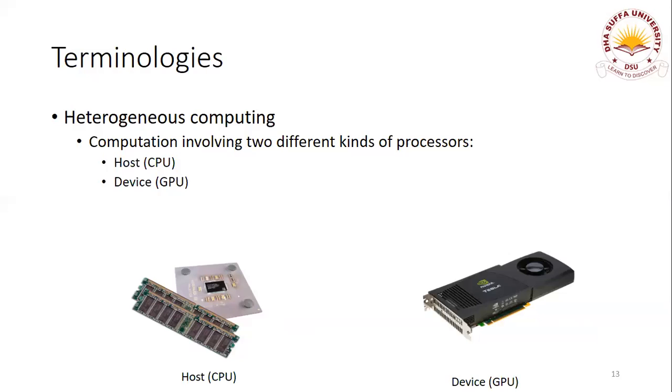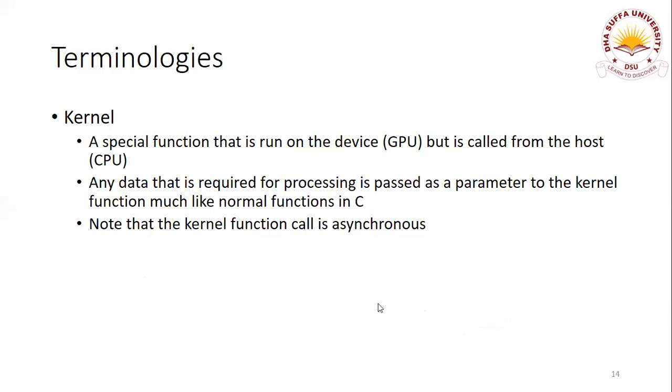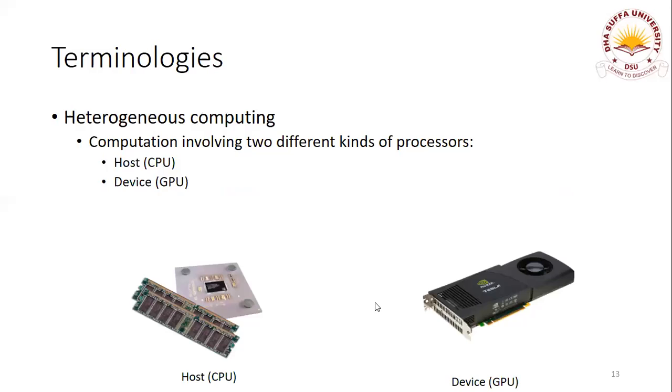The basic term that you should be aware of is heterogeneous computing. In heterogeneous computing, there are two kinds of processor, as I just shared: you have a host, that is your CPU, and then you have a device, that is your GPU. If you remember a basic C program, you have a main, you write int main with void parameters, and then you have printf hello world.